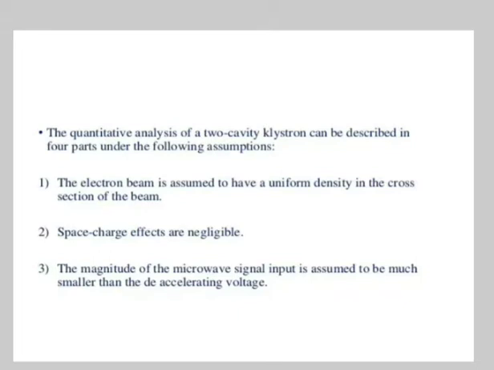Because of this action, the electrons in the bunching limit are bunched together as they travel the drift space from the gap. The pulsating stream of electrons passes via gap B.